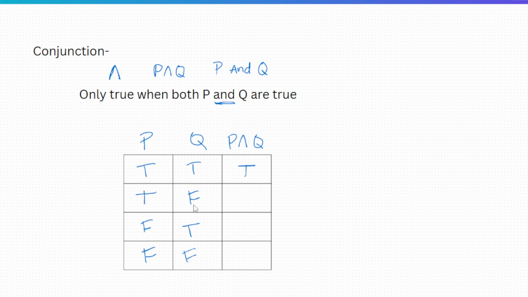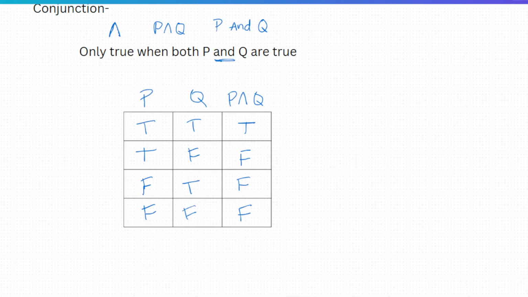Because they're not both true, our conjunction will be false. Same thing with this one, P is false but Q is true. Either way, our conjunction is still false. And for the last one, they're both false, so it's false. We just have to remember that this one is a little more exclusive, where you have to have both P and Q true in order to make our conjunctive statement true.